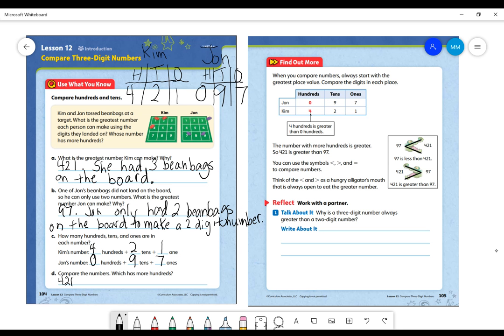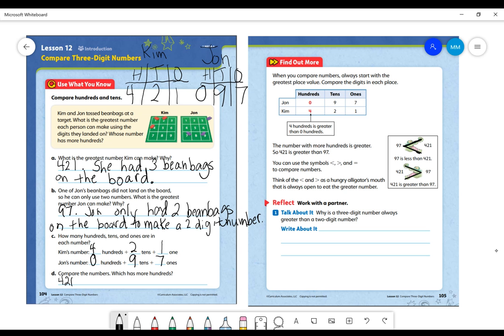So when we see this symbol, Allie is opening his mouth to the greater number, to the bigger number, because Allie really wants the biggest number of Skittles. Yes, Allie the alligator loves Skittles. So Allie wants to eat the biggest number of Skittles that he can. So his mouth always opens to the greater number.